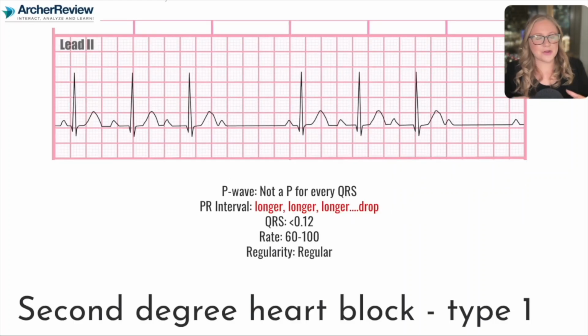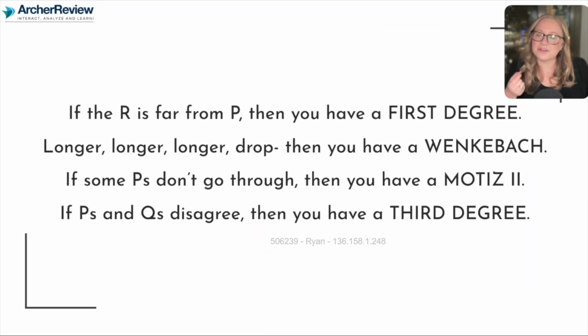Remember, second degree heart block type 1 is also called Mobitz 1, and it's also called Wenckebach. It has a lot of names. And in Wenckebach, that PR interval gets longer, and then we see that dropped beat where we've got a P wave, but the QRS complex doesn't come through. So longer, longer, longer drop, and then we have a Wenckebach.